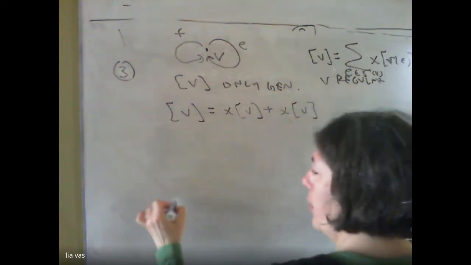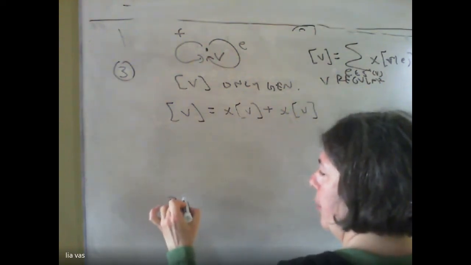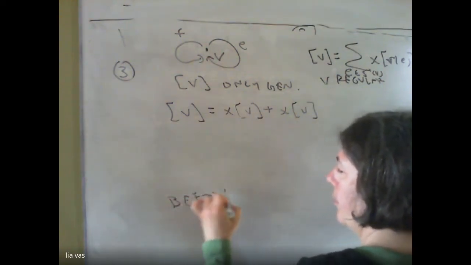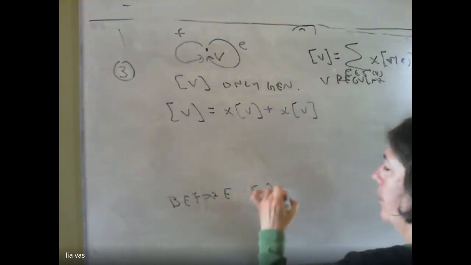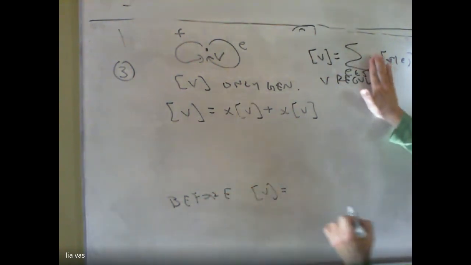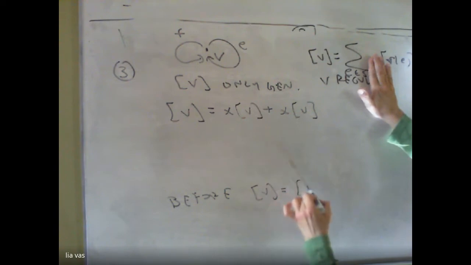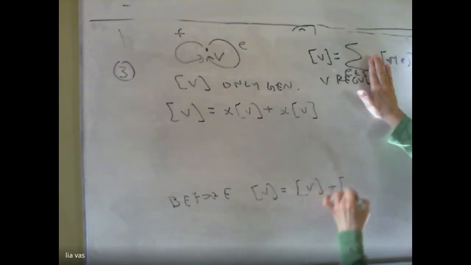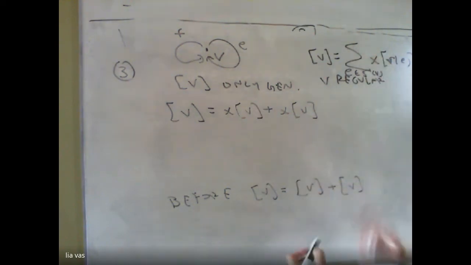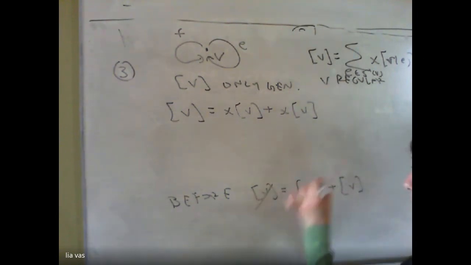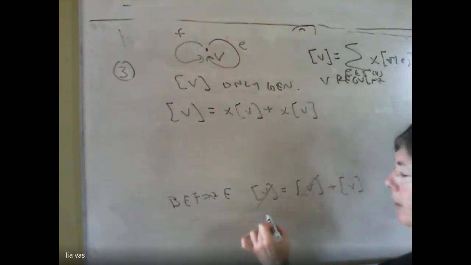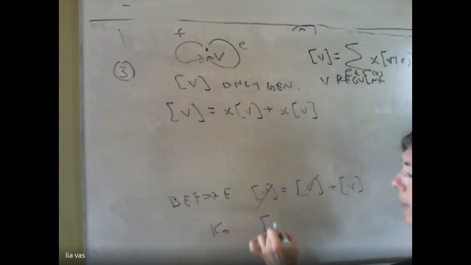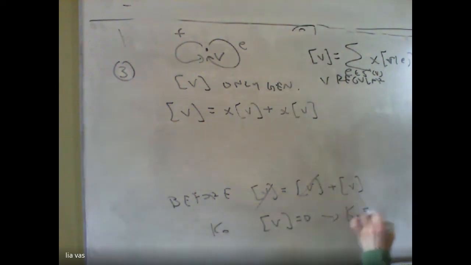So let me just remind you what happened before. Before we didn't have this x here, right? So this was just saying that V is equal to V plus V. So if we wanted to make it cancellative, then we ended up at the K0 level with V equal to 0, so the entire K0 is 0.